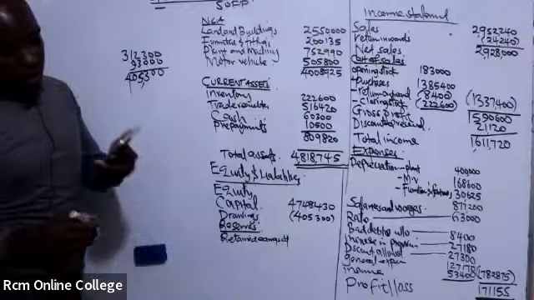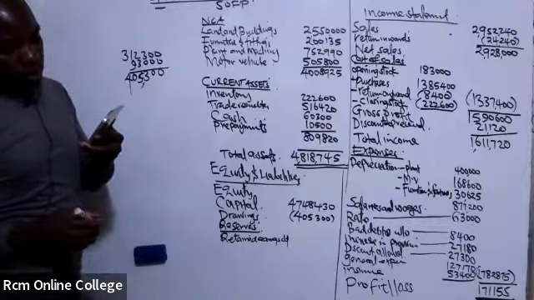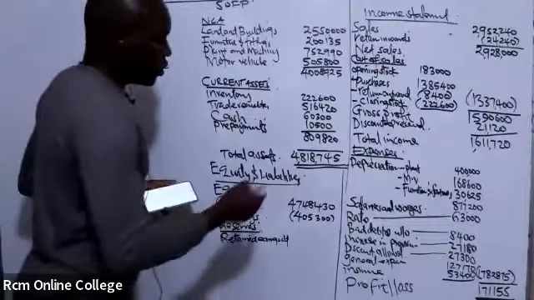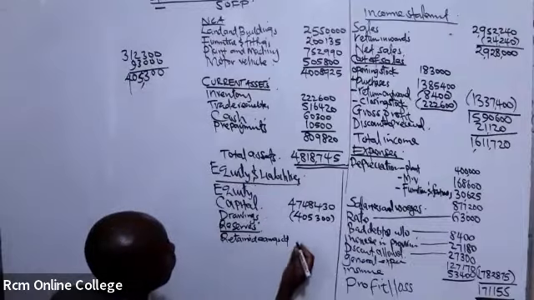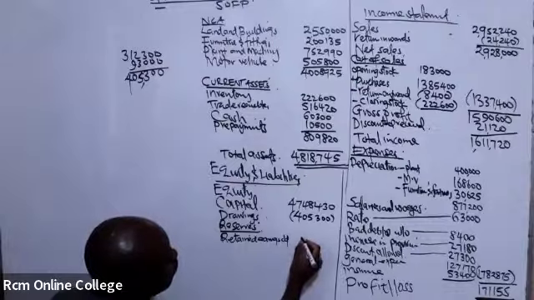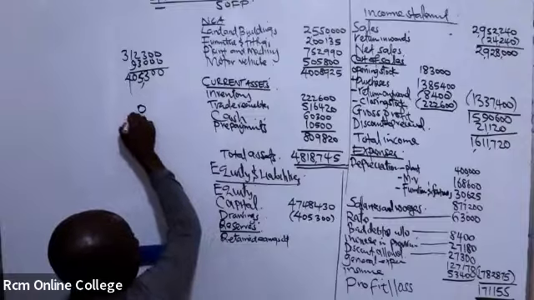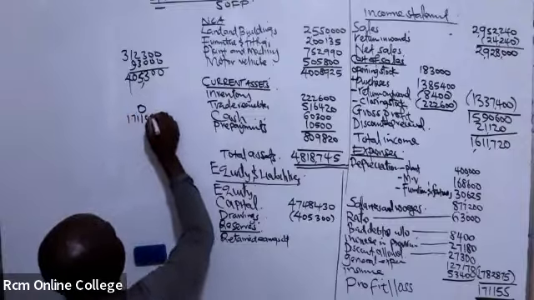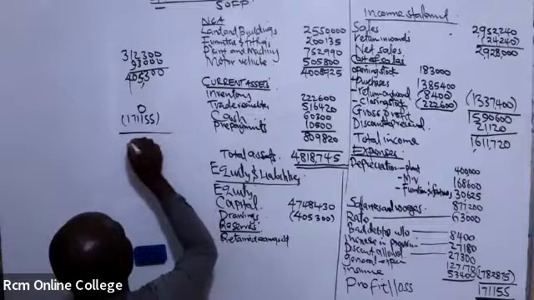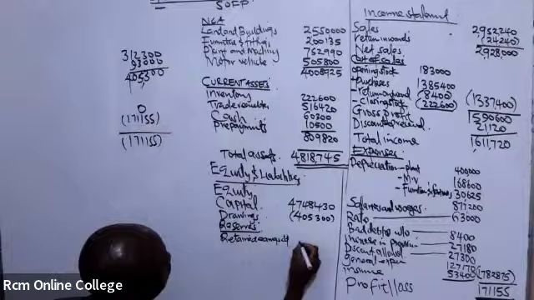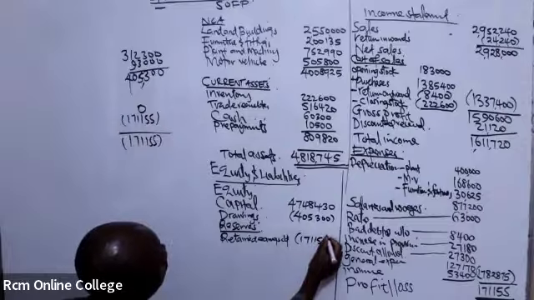We don't have opening retained earnings. So opening retained earnings is 0. Then we have the loss, which is 171,155. This one is a loss, so basically we'll have 171,155 in negative form.